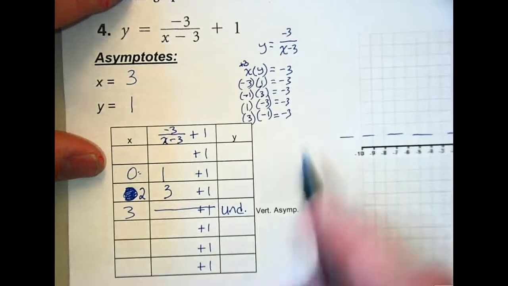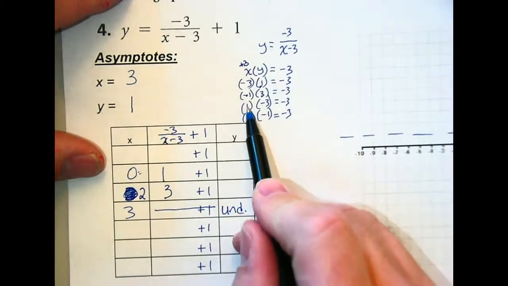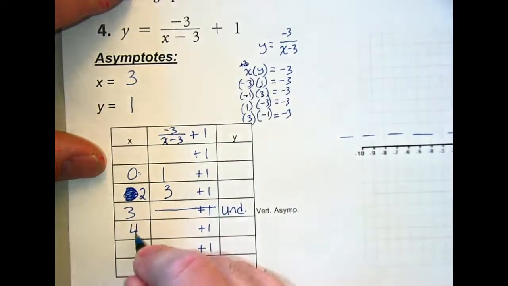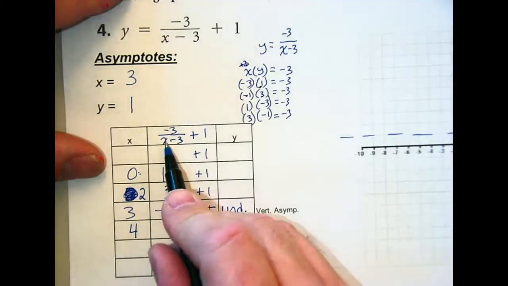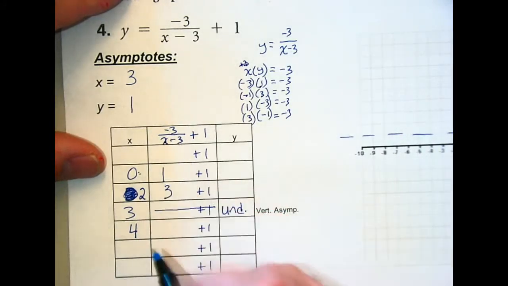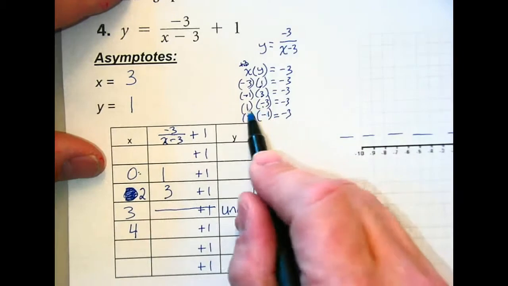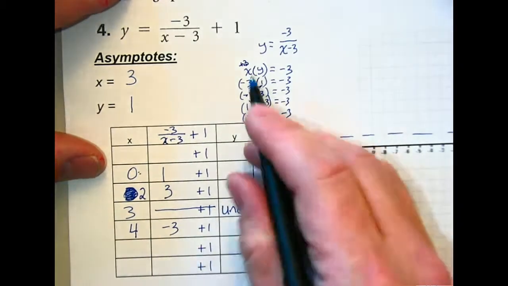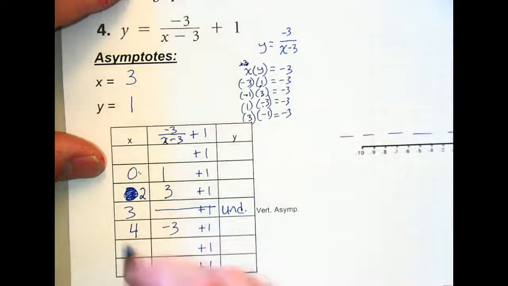That's pretty righteous. Okay, what is 1 plus 3? 4. What if I put 4 in for x and put it there? What do I get? I get 1, and negative 3 divided by 1 is negative 3. Okay? So when I put 3 in, 3 plus 3 is 6.